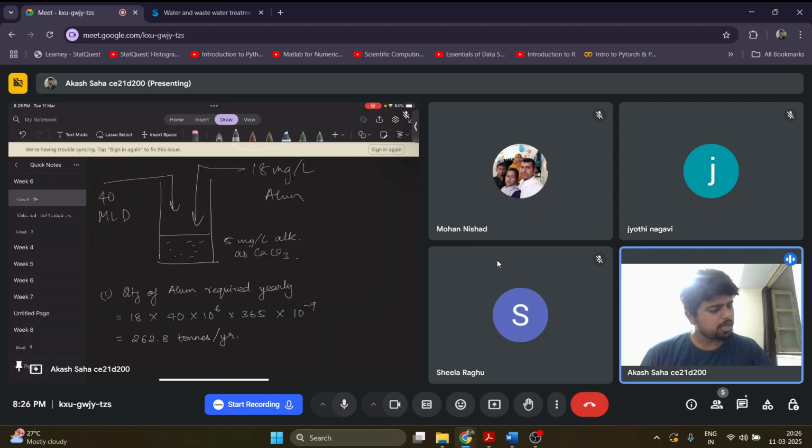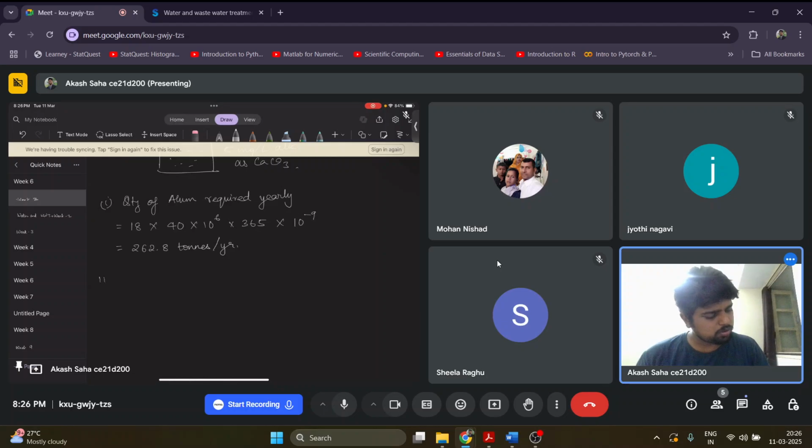Okay. So now next part, we want to find out how much CaO has to be added additionally into the system. So as I said, 1 gram of alum reacts with 0.45 grams of alkalinity as CaCO3.